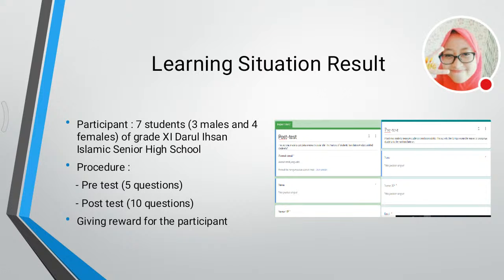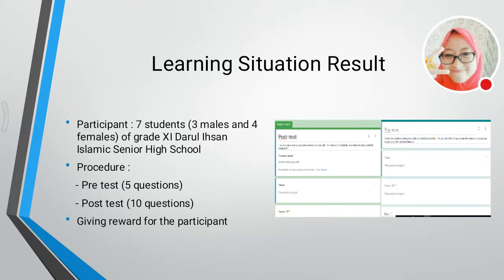And then the procedure: since the observation was not going to be held, I changed it into a pre-test. I gave them 5 questions for the pre-test, and at the post-test I showed them 10 questions.